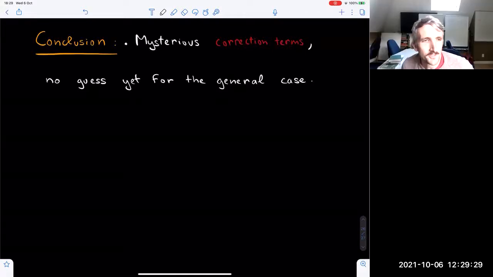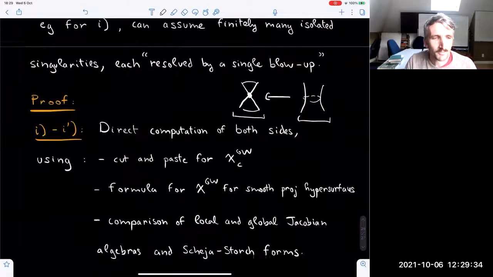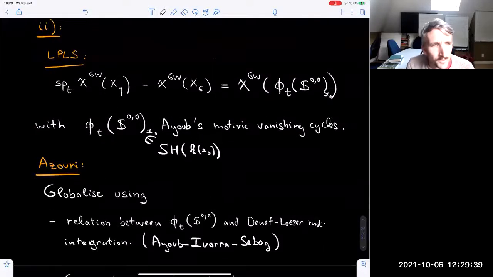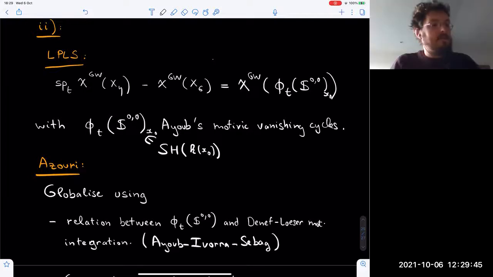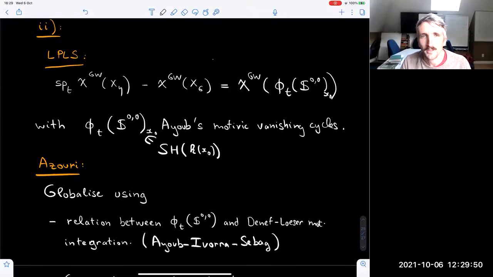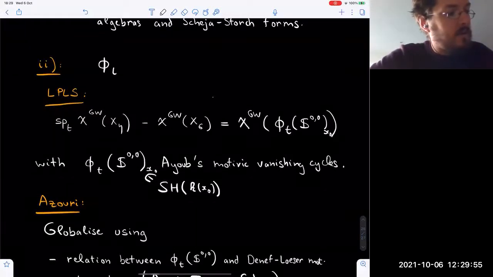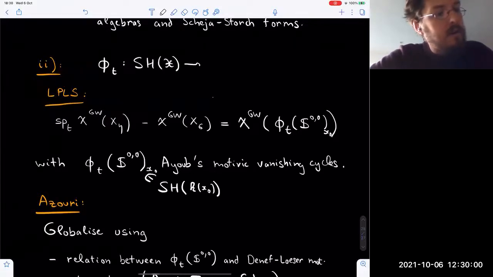Simon, can you go up just to the previous slide? Yeah. With the vanishing cycles of Ayoub. How do those depend on X? On X. I guess just the notation on the right hand side. I see this phi t of S naught, and I'm trying to understand. Yeah, sorry. So this is a functor from SH of X to SH of the special fiber.